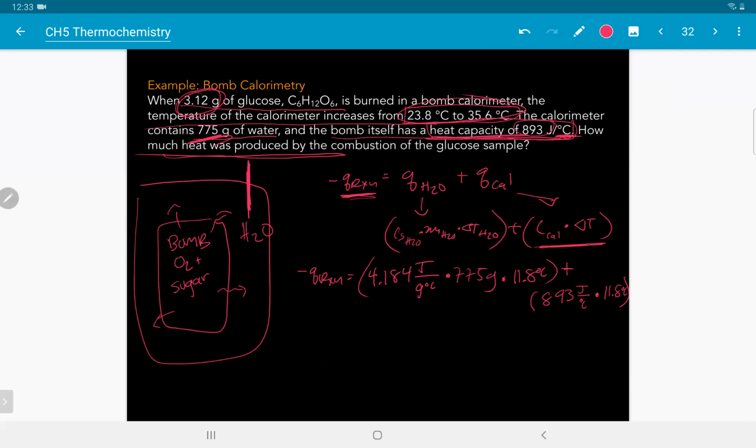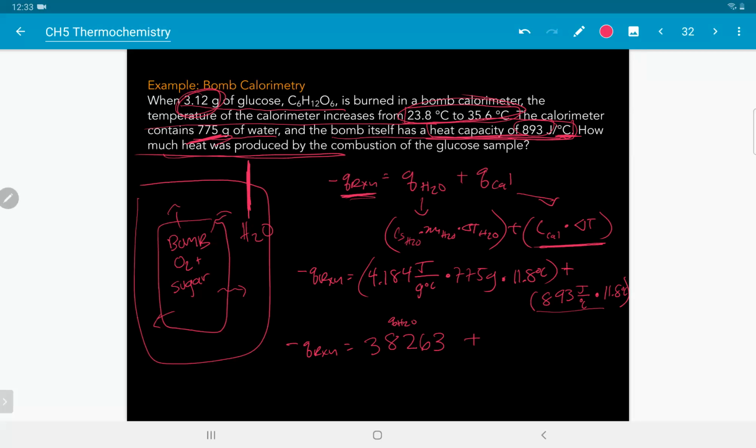So if I crunch all these numbers, negative Q of the reaction is equal to 4.184 multiplied by 775, multiplied by 11.8, and that value for Q H2O is 38,263.